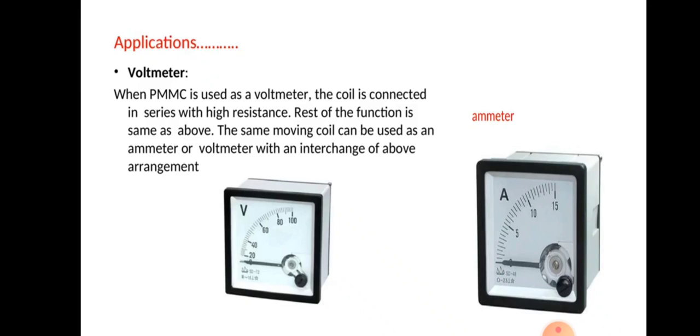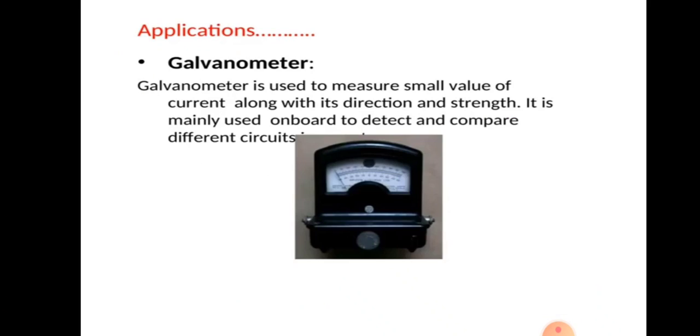So the same system of connection used as an ammeter applies to the voltmeter, only the coil is connected in series with the high resistance. The same moving coil can be used as an ammeter or voltmeter with an interchange of the above arrangement. So this is how we can use it as ammeter and voltmeter.